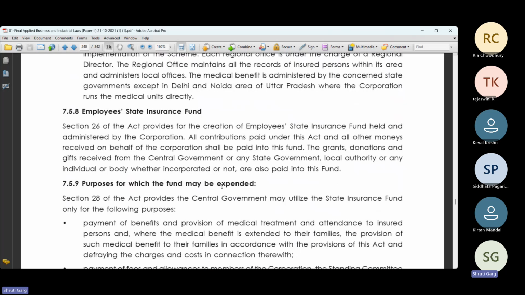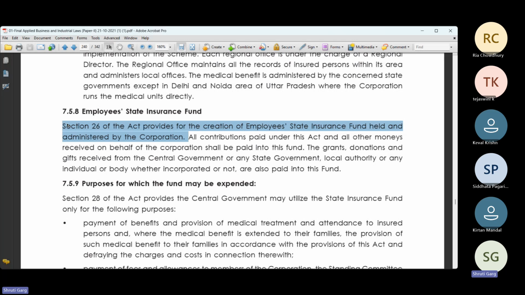Now, the Employees State Insurance Fund. Section 26 of the Act provides for the creation of the Employees State Insurance Fund, held or administered by the Corporation. All contributions paid under this Act and all other money received on behalf of the Corporation shall be paid into this fund.